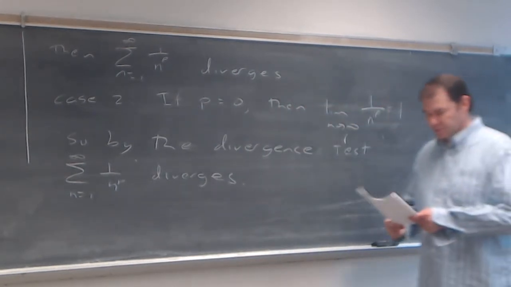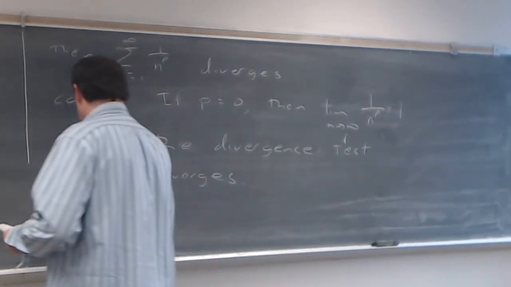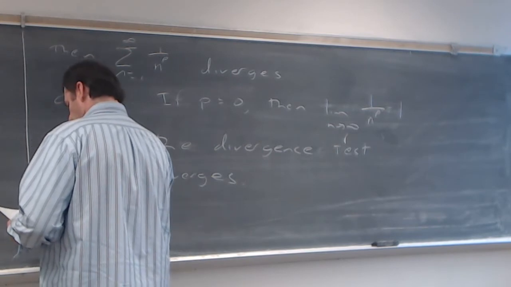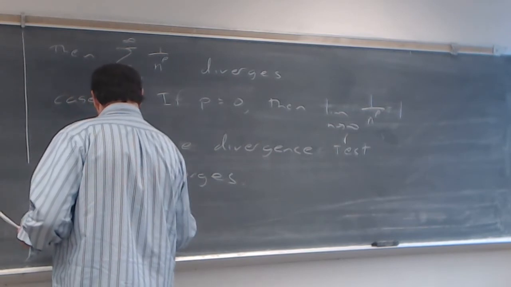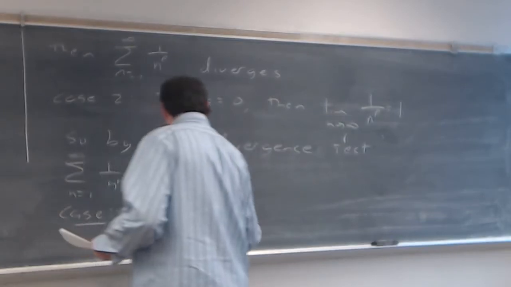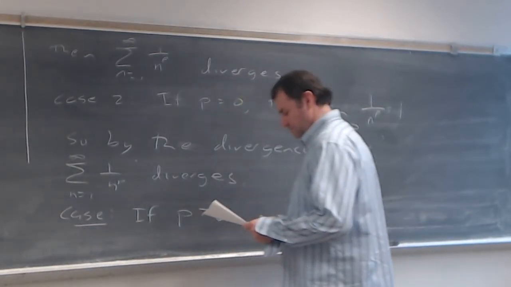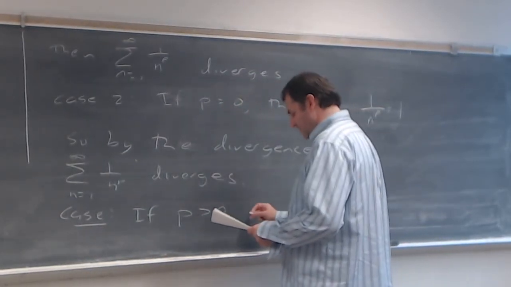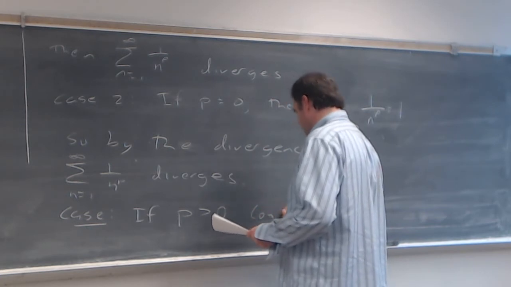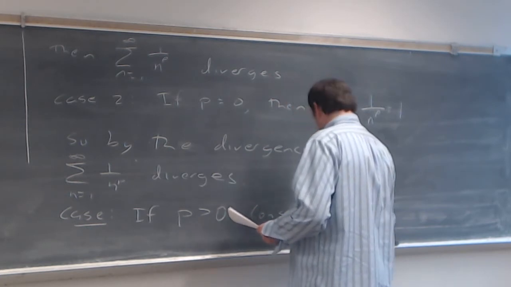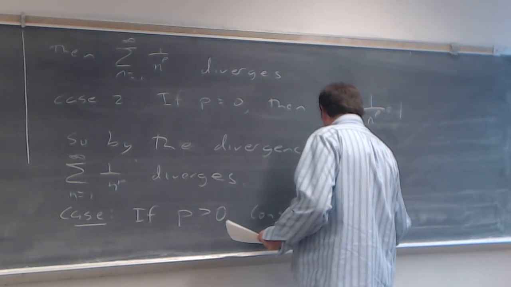Case 3 will be if p is greater than 0. The first thing we're going to do is consider the sequence 1 over n to the p.